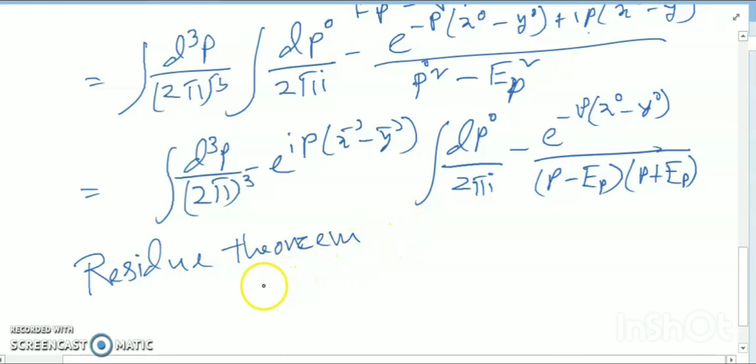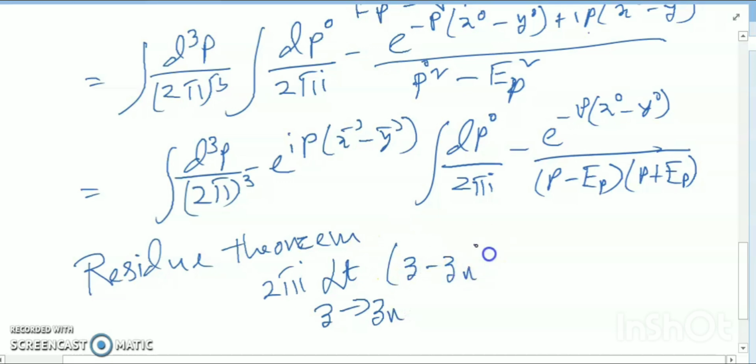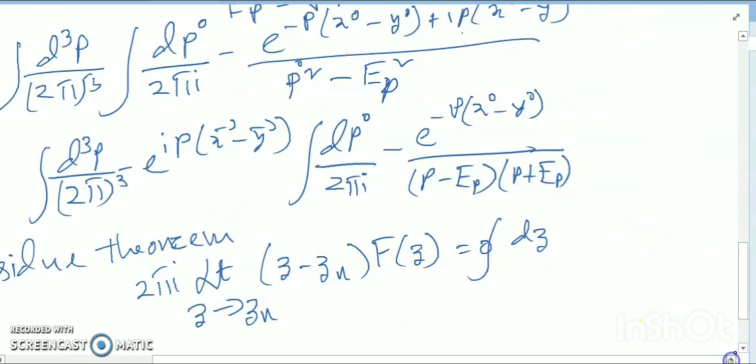Again I will discuss that it can be written 2 pi i, limit z tends to zn, z minus zn into f(z), equals to closed integral dz into f(z) into z minus zn. So this is the way.